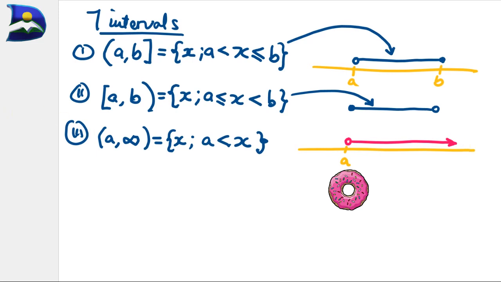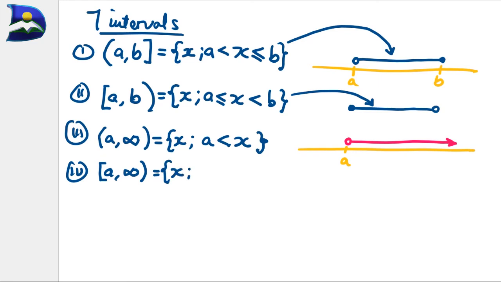We can actually have another inclusion here, which leads to 4. And 4 here is where you have your sharp bracket with your A, and you have positive infinity with a curved bracket. In this case, we have our x to be where all numbers are such that A is less than or equal to x.